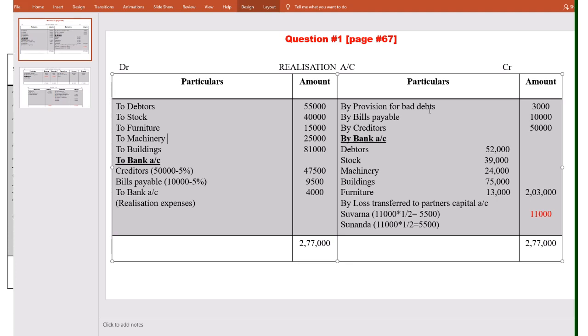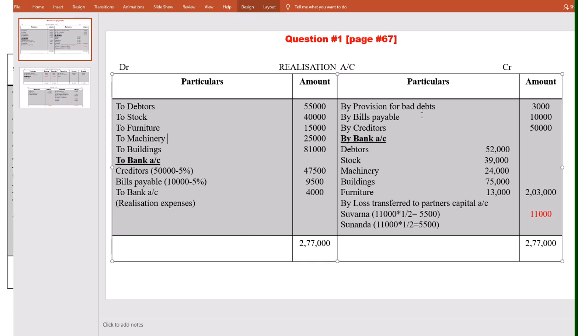So first thing, how is the provision for bad debts a liability? As I told you, only liabilities should be taken here. Why has this PDD come to the liability side? Now let me clear this point. PDD is always calculated on debtors. Suppose you are continuing the business: the firm is going to reserve certain money, keeping it aside for bad debts.